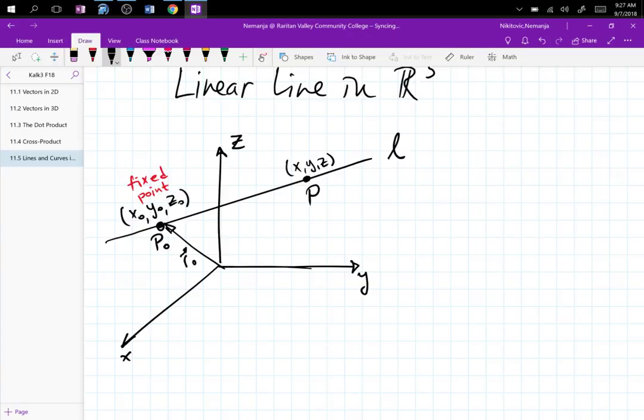And then I'm going to have this green vector here, vector P0P. That's the green vector. And finally, I am going to have the resultant vector. When I add these two vectors, I get vector R.